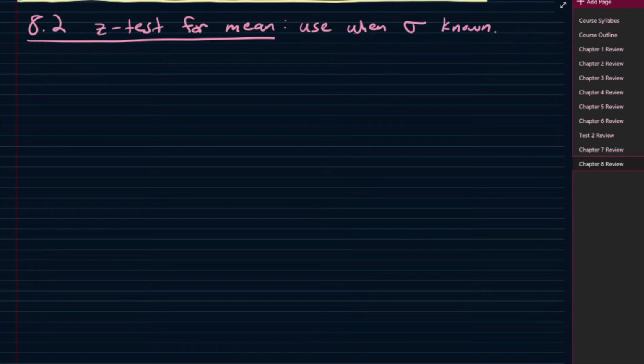And so the formula, as we've discussed before, is that the z-score, or z-value, is x bar minus mu over sigma divided by square root of n. This is what's going to give us our test value, right? This is how we compute the test value.